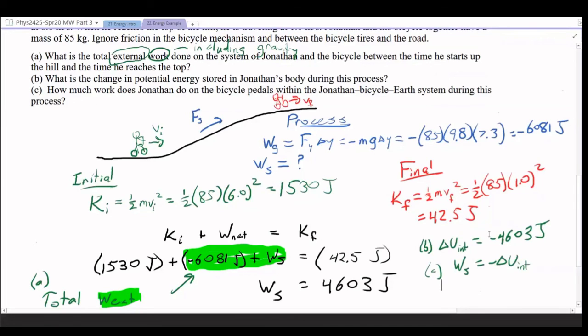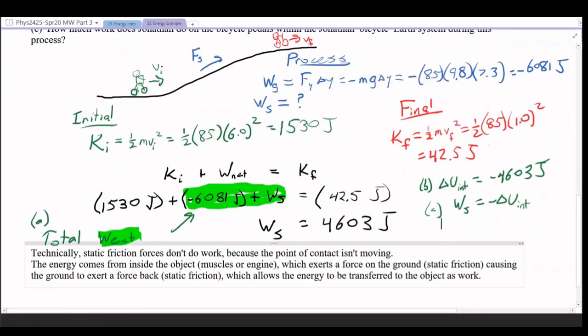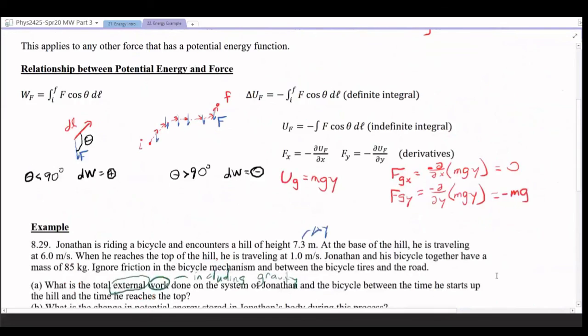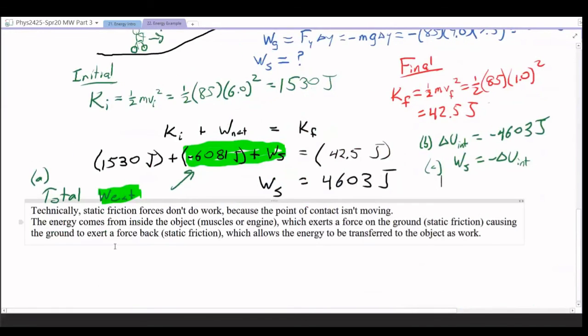That is part C. So that is an introduction and example of potential energy and work. So you can use that to supplement the video lessons and the reading of the textbook. Don't forget to read the textbook in order to help you figure out how to attack physics analysis using the idea of energy.